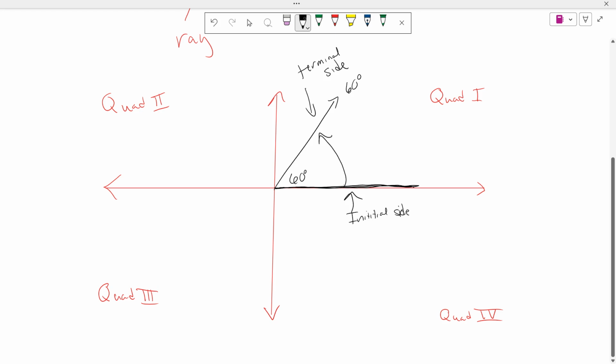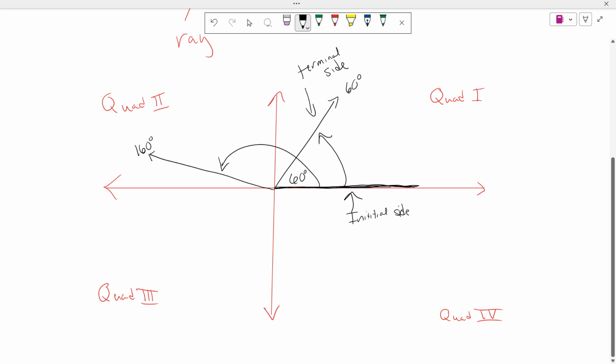If we have an angle that goes out like this, if I go this far, that looks like about 160 degrees. So we call this terminal side 160 degrees.